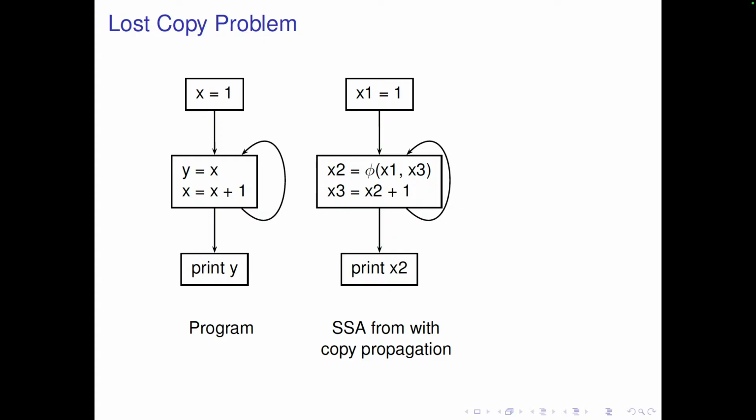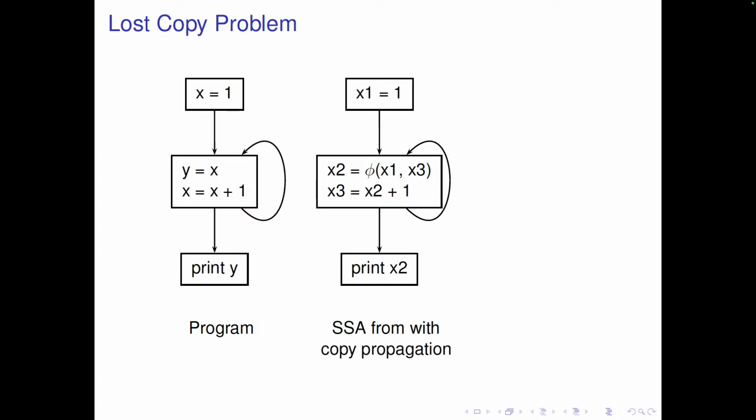Now you have to convert it into executable, I forgot that part. So how do you convert it into executable? You move assignments on the corresponding edges, right? Then you have to move x2 equal to x1 here, right?